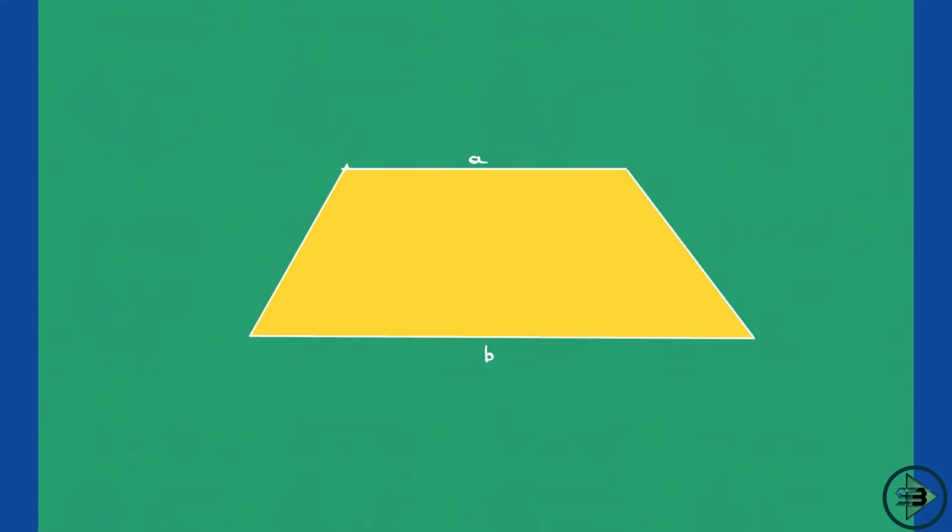This is the parallel side and this will be a non-parallel side. This is how my trapezium would look. Now these are 2 parallel sides, so let's call this A and let us call this B. And what will be the area of this trapezium, which means if I have to paint this completely in yellow, what will be this yellow area is what I am asking you.